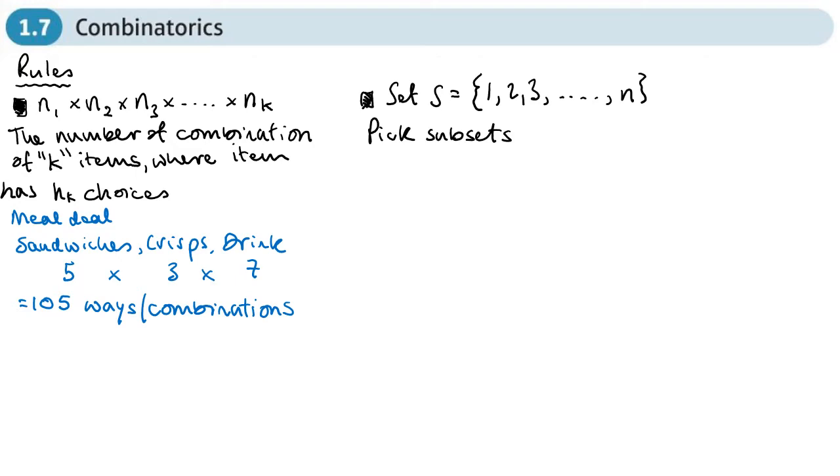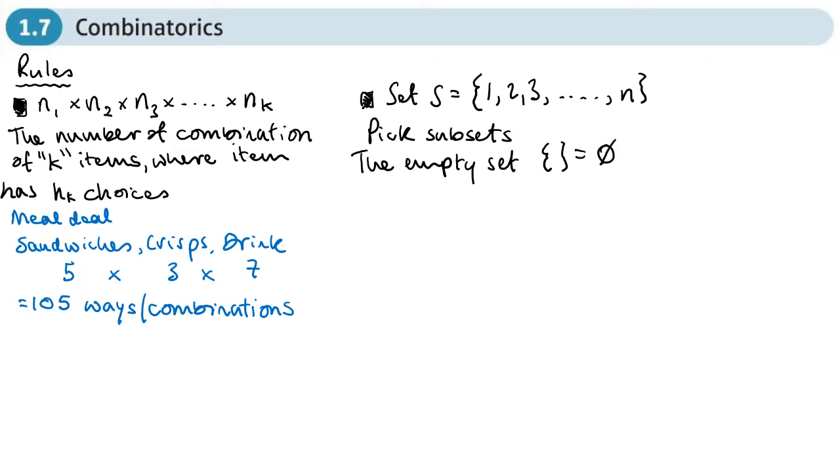Now what is a subset? A subset is basically a set that contains some of these items. So a subset could contain 1 item, 2 items, 3 items. It could actually contain no items. And a subset that has no items is known as the empty set. And even that is a subset.